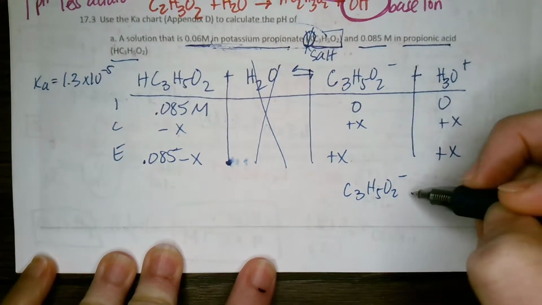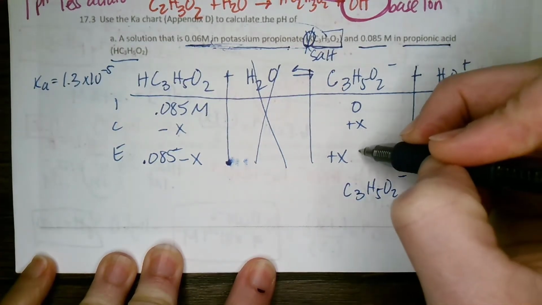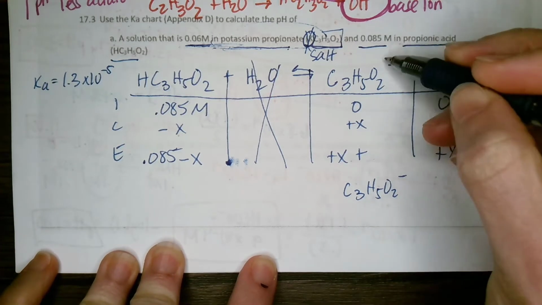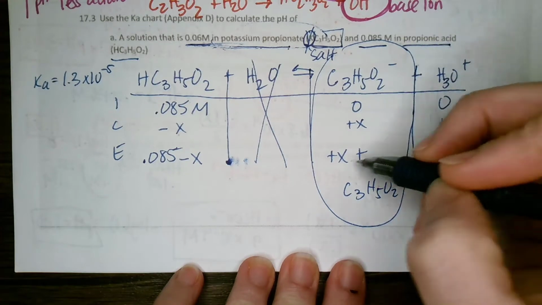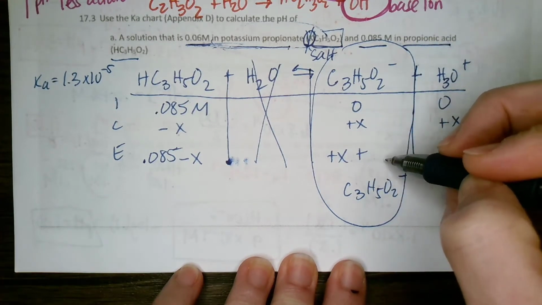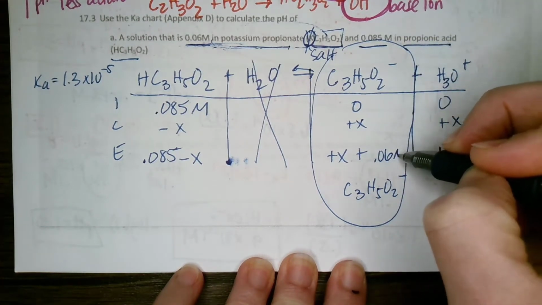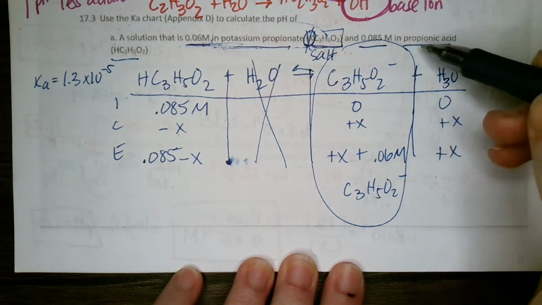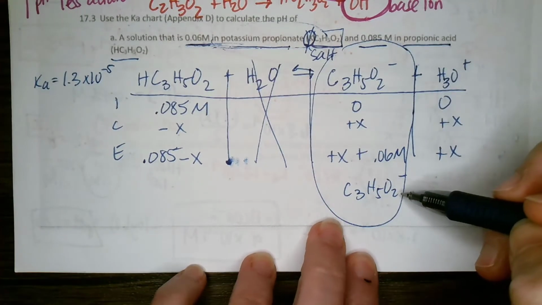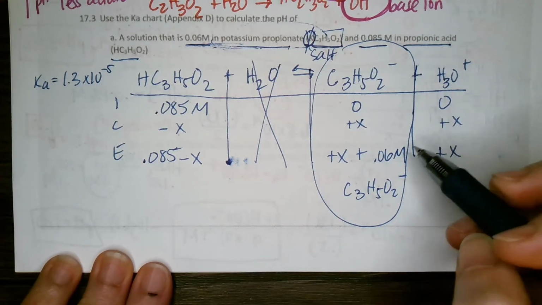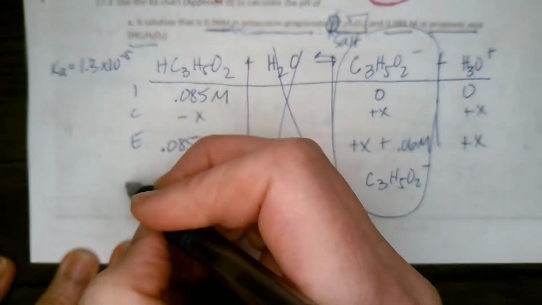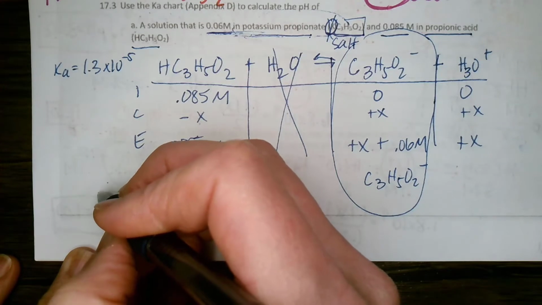So we have additional C3H5O2 minus that we are adding to what we've already got. So we had X, but now we're also adding 0.06 molar of our propionate.